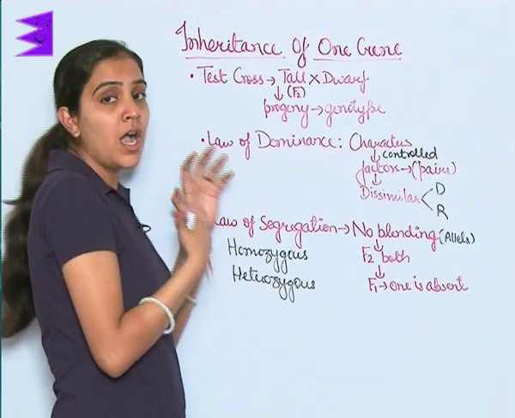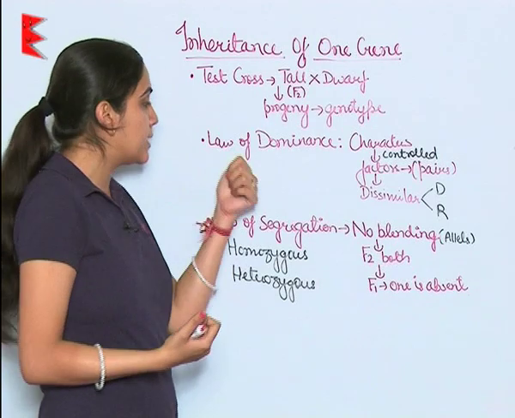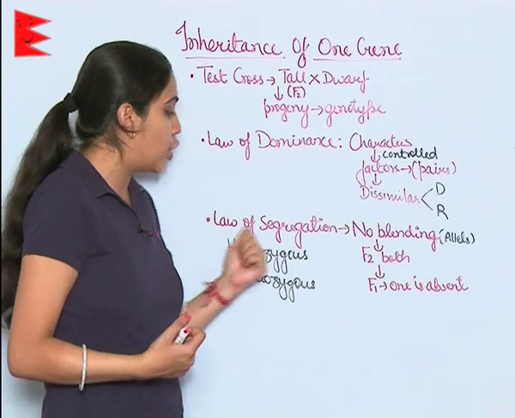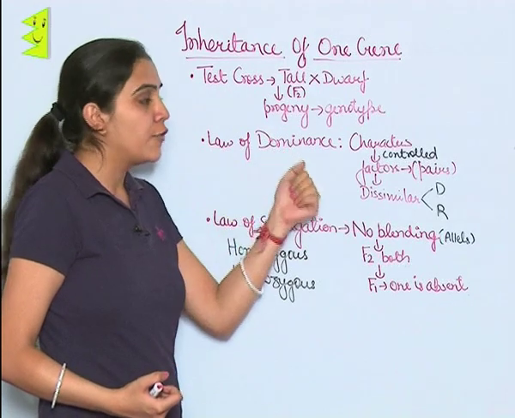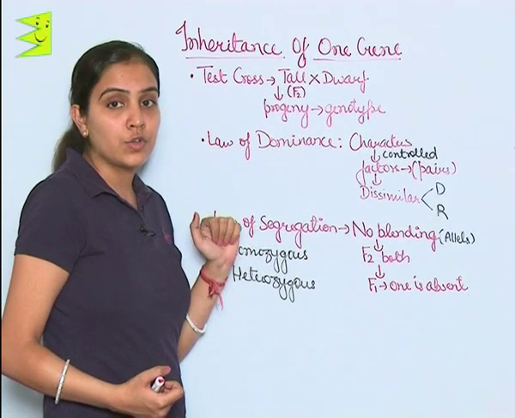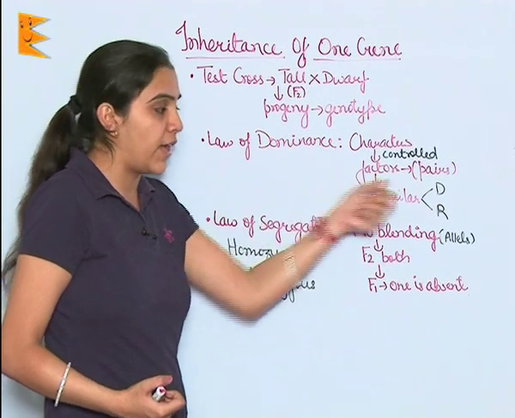Now, after studying these crosses, Mendel gave us 2 laws of inheritance: the law of dominance and the law of segregation. In the law of dominance, he stated 3 things. First, characters are controlled by discrete units known as factors.